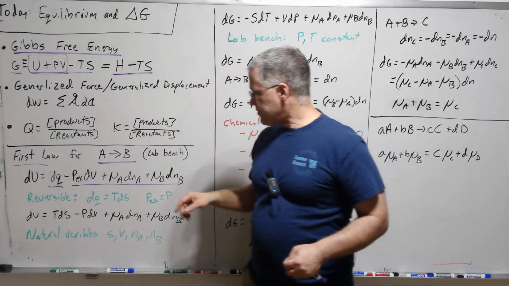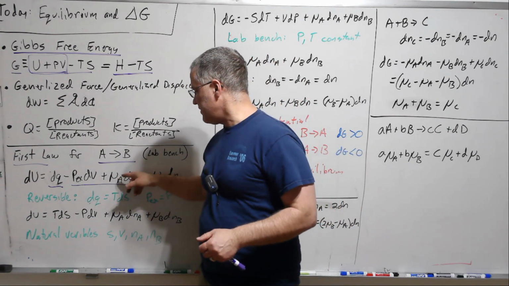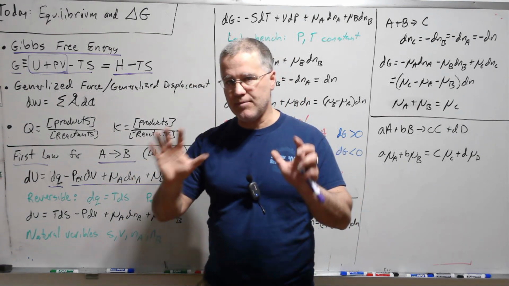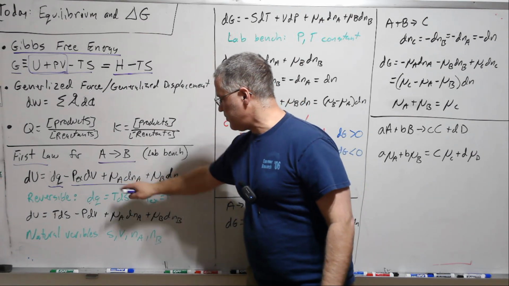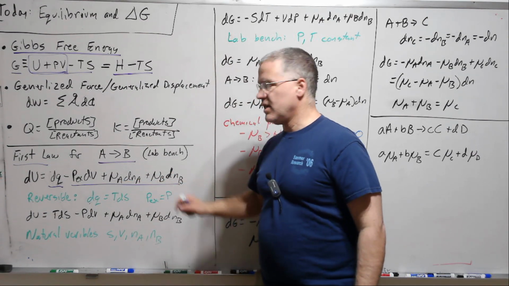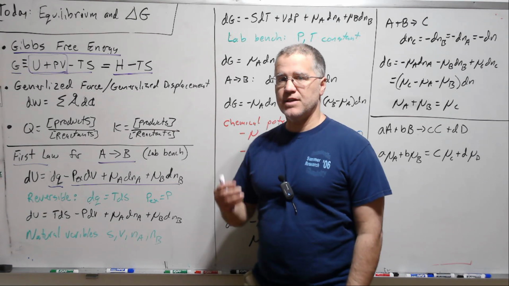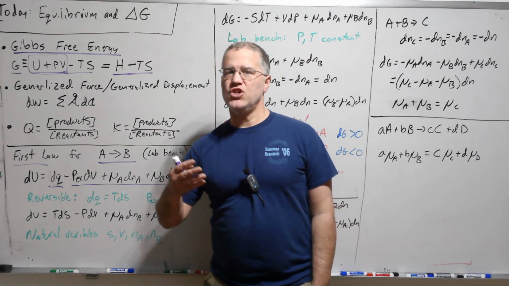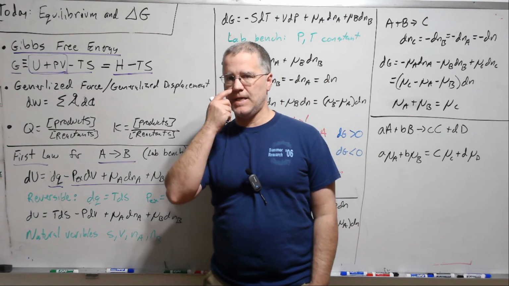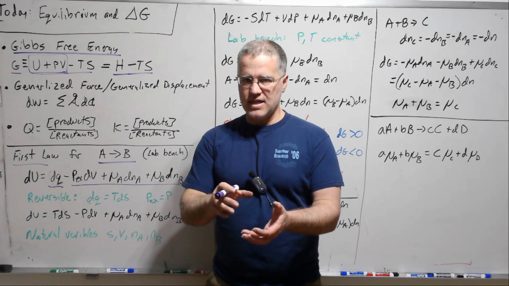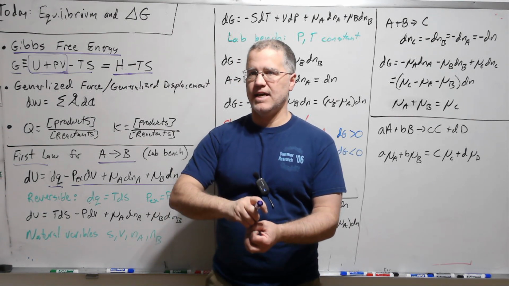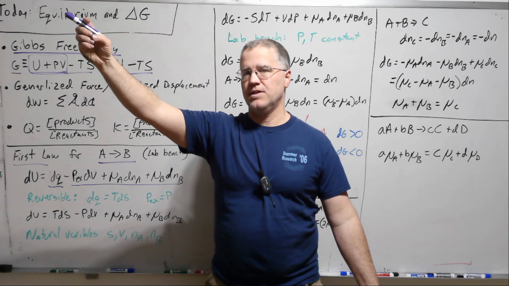So for the case of A, we have a chemical potential associated with species A, and we have a chemical potential associated with species B, and there's a certain amount of energy to change the amount of A or B in the sample. Now, we're not saying that this is open and A and B can leave the sample.